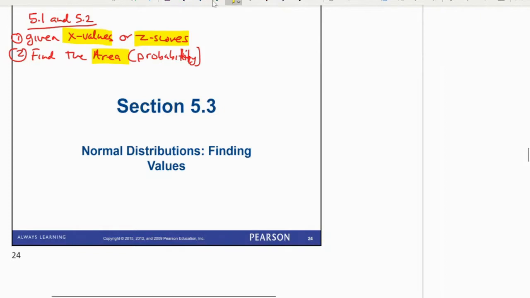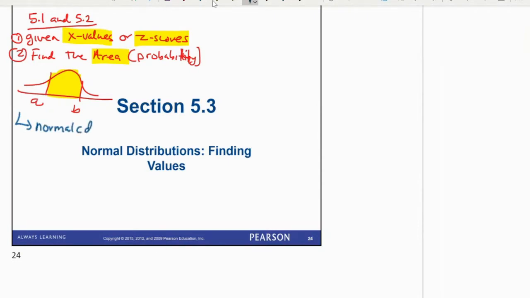What we did was draw a diagram. We say, for example, this is A, this is B, and then we shaded the given area, and then we used a normal CDF, where we put in the A, the B, mu, and sigma to find the answer.